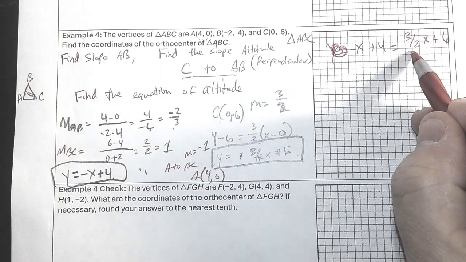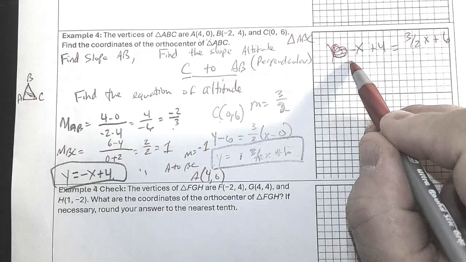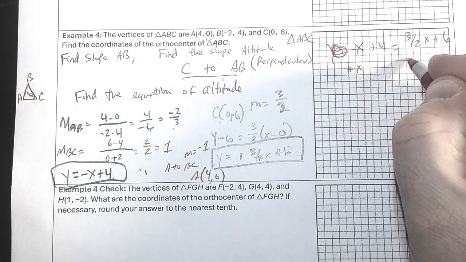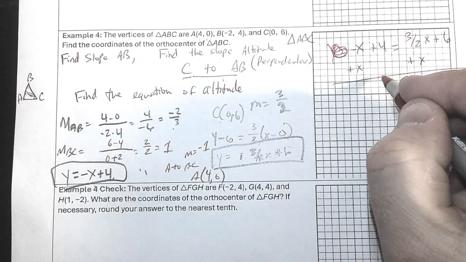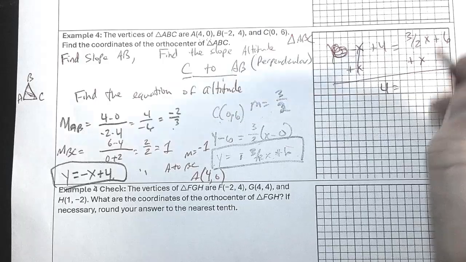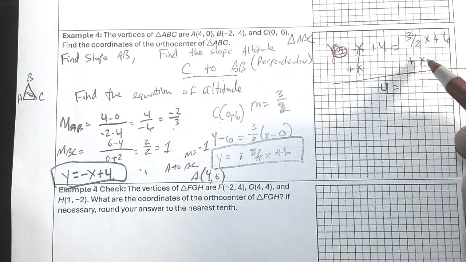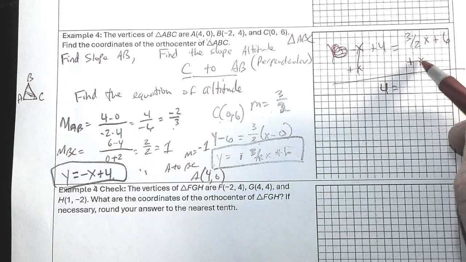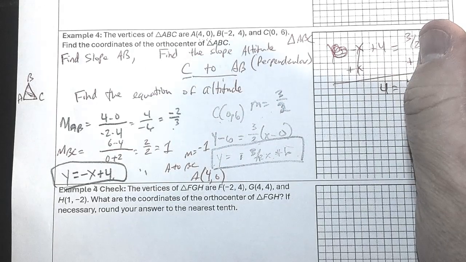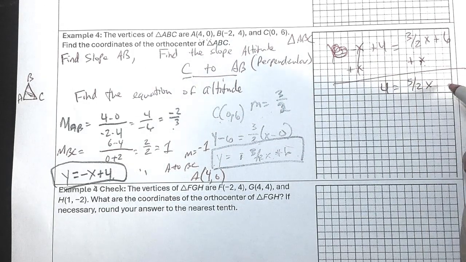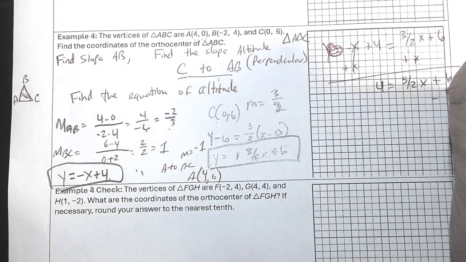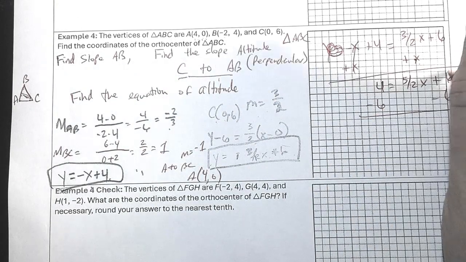So we have 3/2 x and minus x. Let's add the x to both sides. So these cancel. We got 4 equals. Now 3/2 x plus x, this would be the same as 2/2, so 2/2 plus 3/2 is 5/2 x plus 6. Let's subtract the 6, subtract the 6.